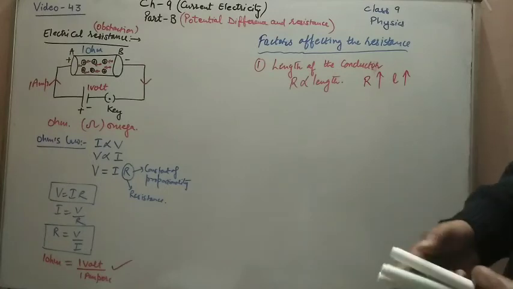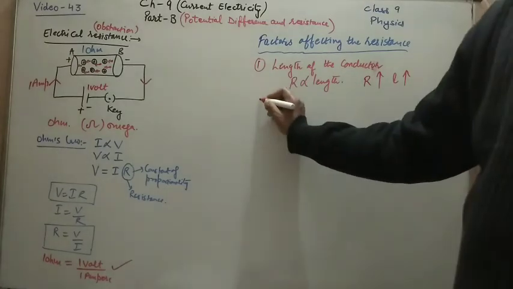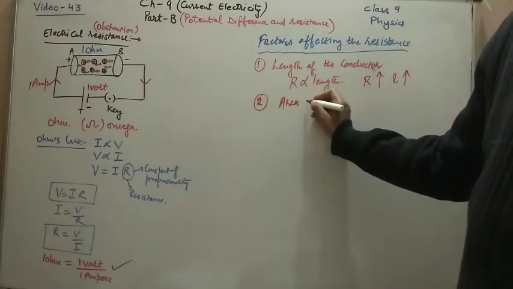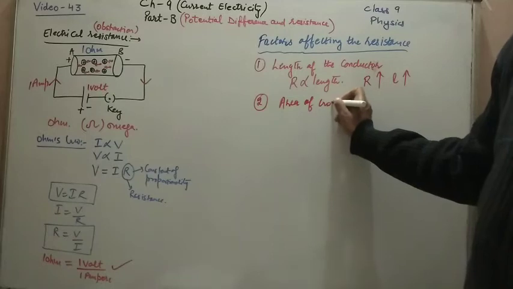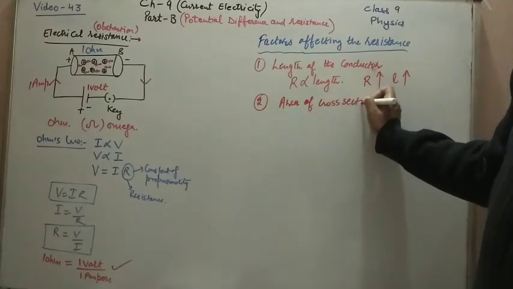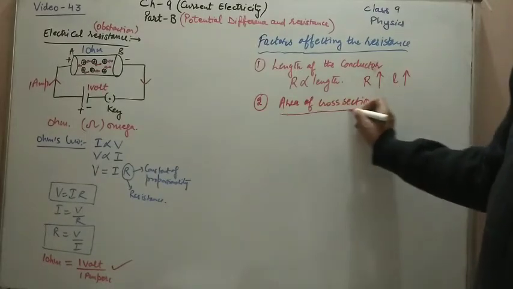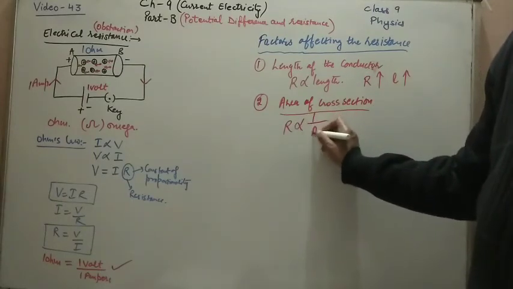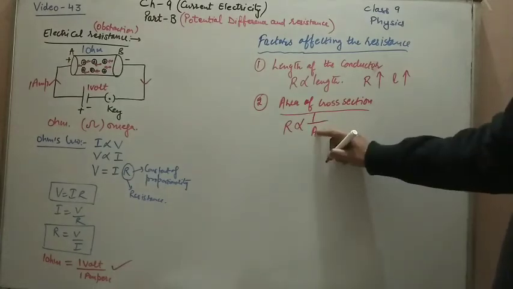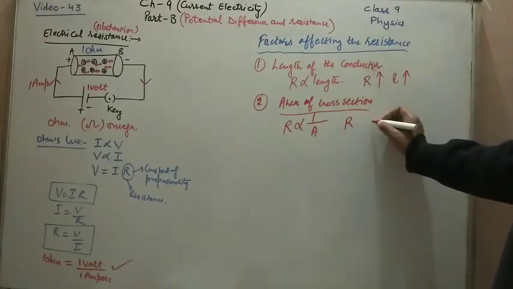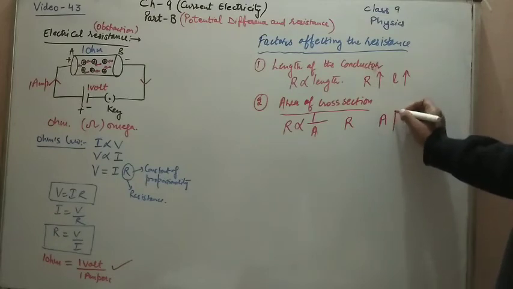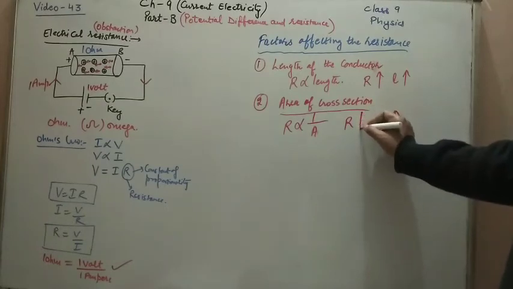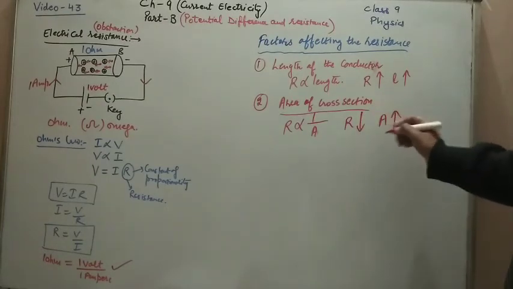Second one, that is area of cross section. So resistance is inversely proportional to area. It means if the area or the thickness of the wire is more, resistance will be small, and vice versa.